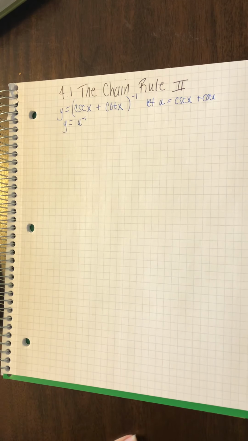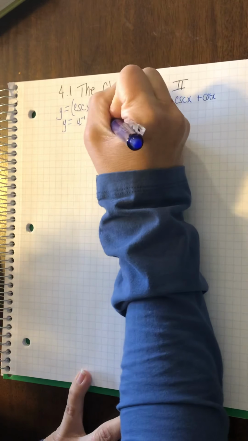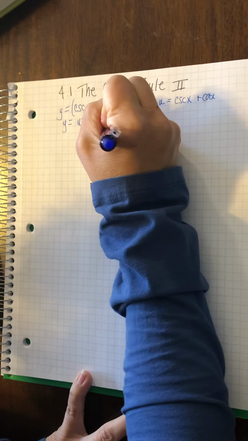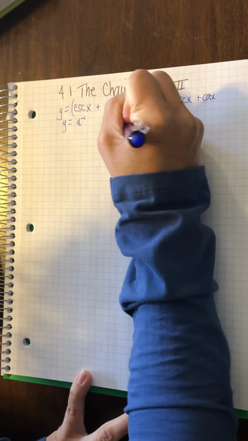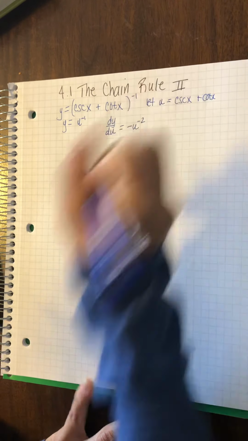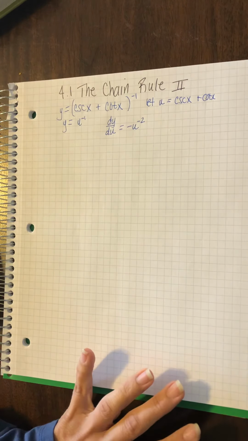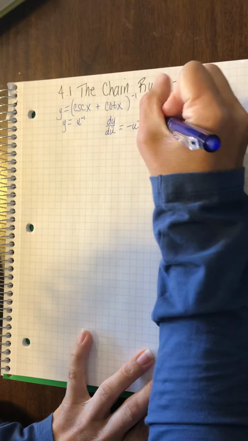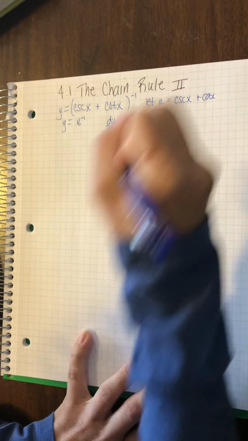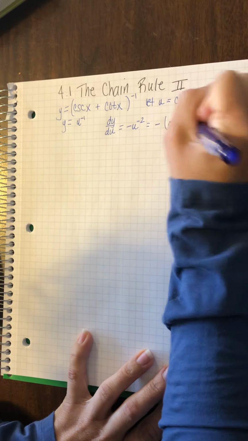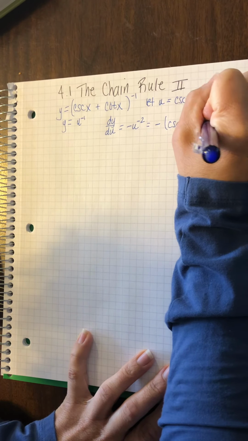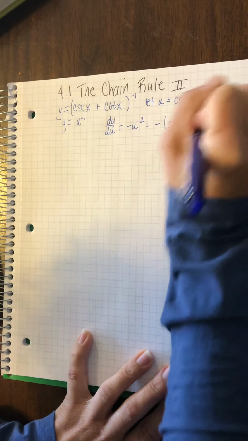What's a few letters among friends? Here we go. A dy du is -u to the -2. U is cosecant x plus cotangent x, so this is going to be negative quantity cosecant x plus cotangent x to the -2.